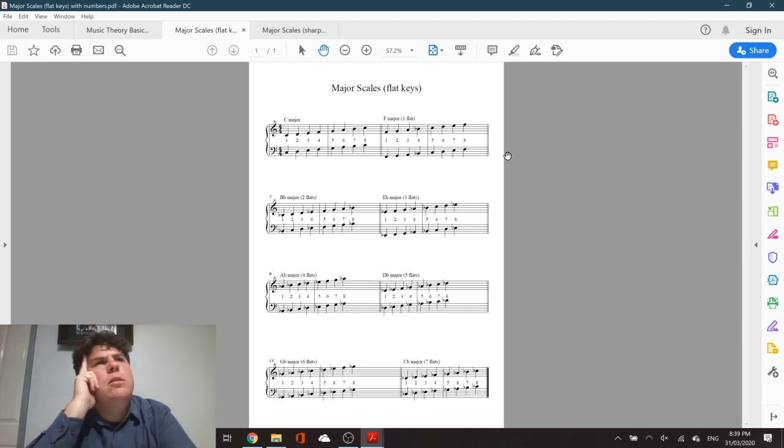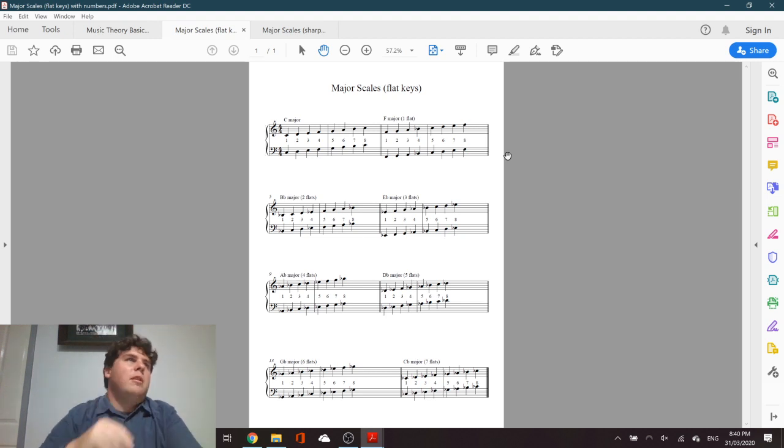One piece that we do that's in a minor scale is God Rest Ye Merry Gentlemen, and I think it's F natural minor. I'm just trying to remember whether it's natural minor or harmonic minor, or it might use elements of both. But yeah, it's in F minor.